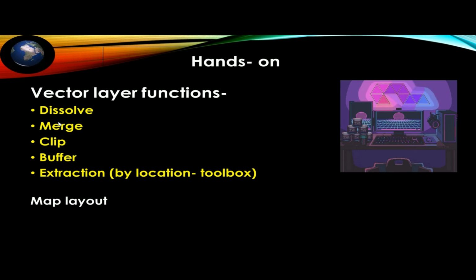Then let's do a hands-on analysis of the vector layer functions like dissolve, merge, clip, buffer, as sir has shown how the buffering tool and the extraction by tool have worked. If we get time, we'll do the map layout on the IMD data you are telling about, to bring in any point data or road maps.